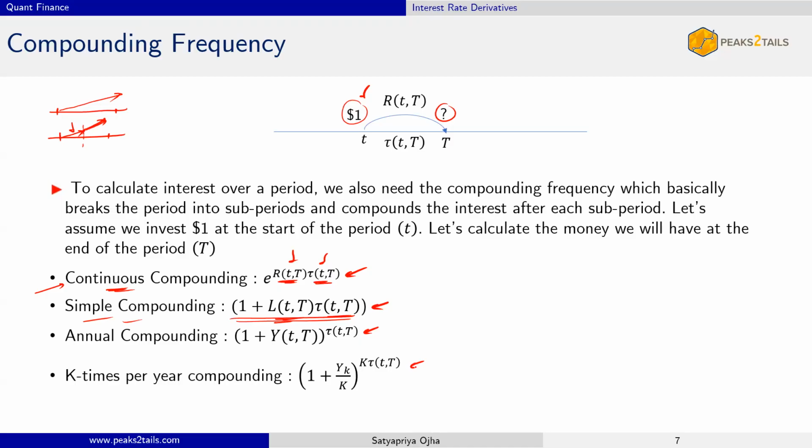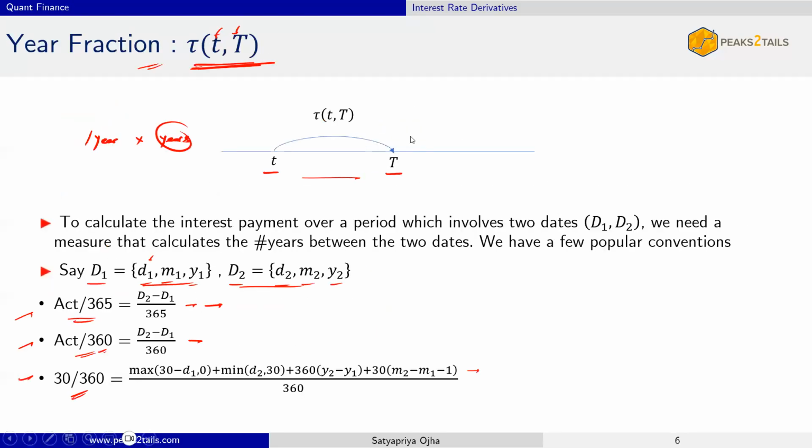Question from Rahul: can you please explain year fraction in continuous compounding? These are separate ideas. Continuous compounding basically means that you are compounding every second, every instant, and the rate given to you in terms of continuous compounding is R. Year fraction is a separate calculation: what is the length of the period in terms of years?